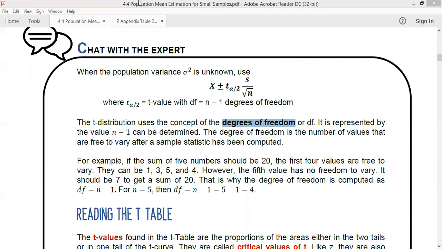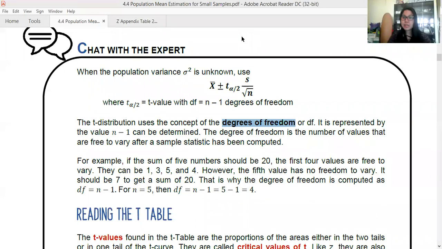But remember, they decided to have 30 guavas all together. So with that, what will happen? The 5th person needs to get 13 guavas in order for them to have 30 guavas in all. Now, what's the point? Among 5 people, 4 people got the freedom on how many guavas they wanted to pick. But the 5th person will never have a choice.